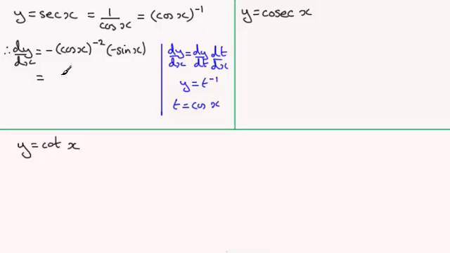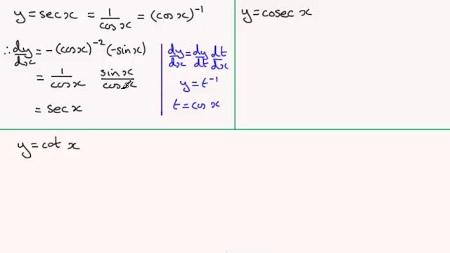I'm going to split this up to just 1 over cos x, and then I've got another 1 over cos x times the sine x, and I could write that as sine x over cos x. And then 1 over cos x, well, that's the same as sec x.